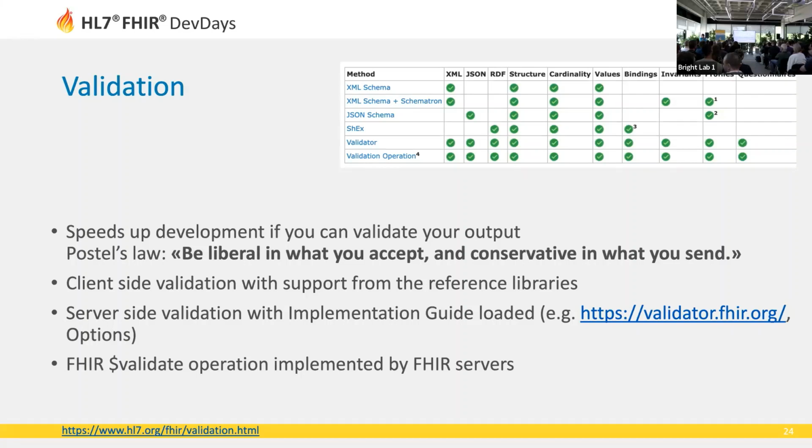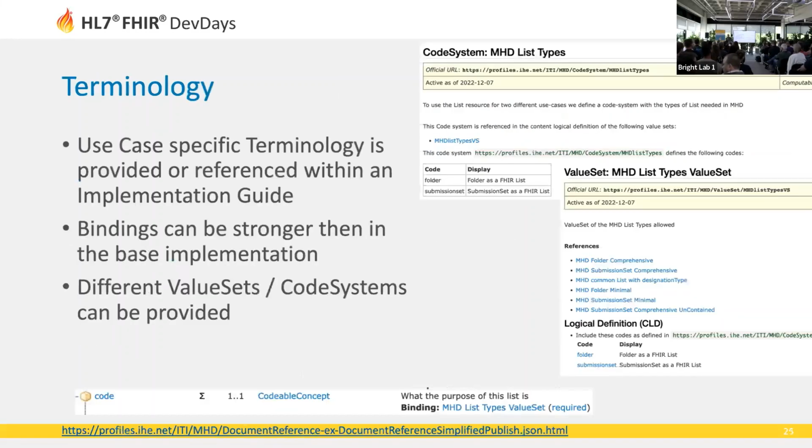You have server-side validation support. There is a validator available from HL7, from the FHIR community, and even the FHIR servers have a $validate operation defined. So I think it's one of the most underestimated things, or a lot of people realize only in hindsight: oh, I didn't even check that my resource is not valid according to the implementation guide.